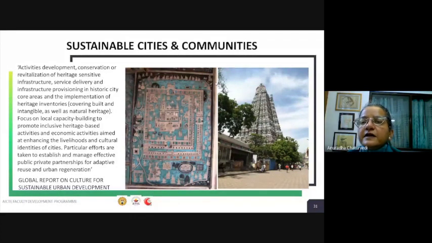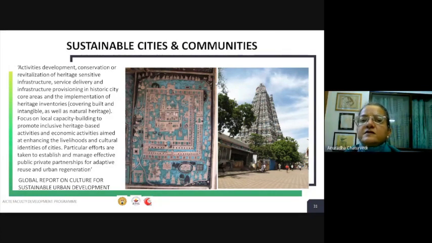They understand that capacities and skills need to be upgraded and improved, that there needs to be emphasis on inclusive heritage based economic activities, and that it is possible to utilize the heritage resources for enhancing not just the cultural identity or the sense of place of a city, but also to ensure sustainable livelihoods for the community residing within these historic centers.